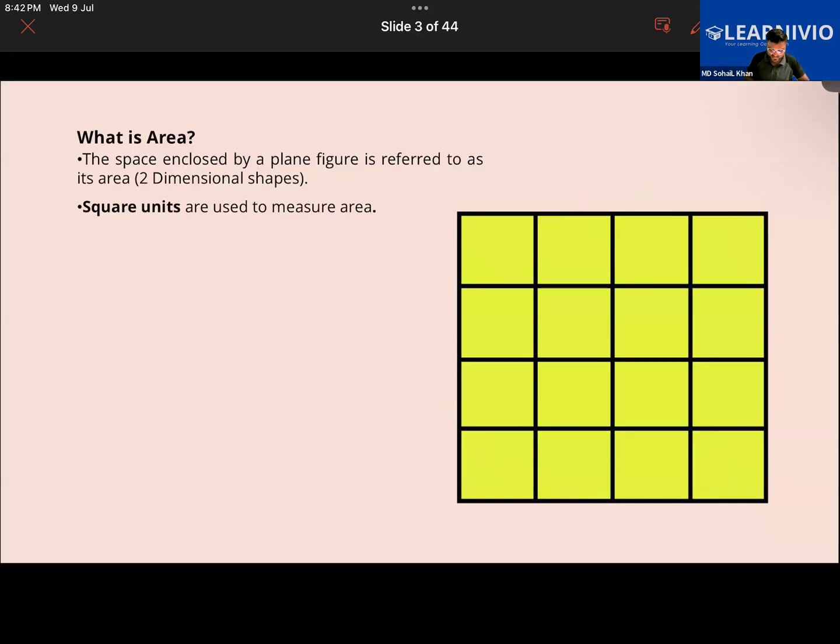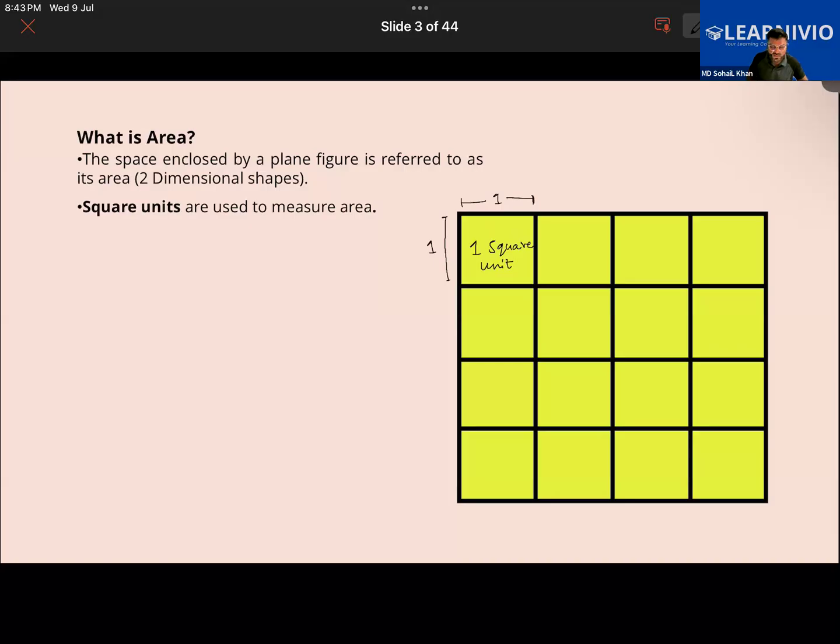One square here is, let's say, having the dimension of 1 by 1 centimeter. The length and the breadth, all the sides are the same. So what will be the area of this square? It will be side multiplied by side. So that is 1 square unit.